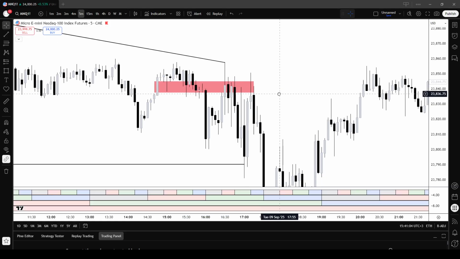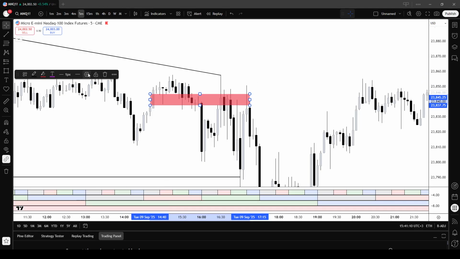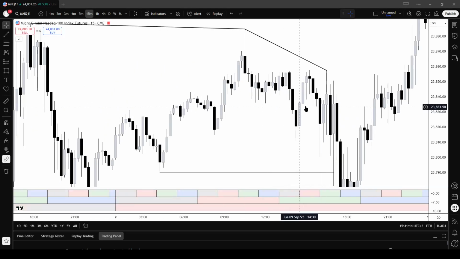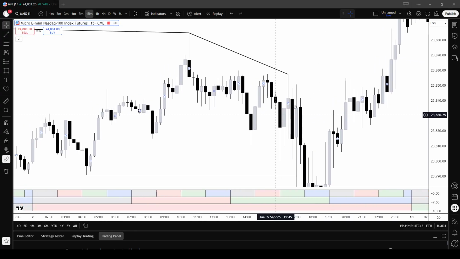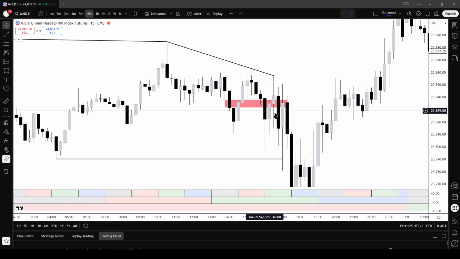We had this gap, but I didn't trust it because it was already invalidated, so I looked for others. I usually use 50-minute gaps or 5-minute, it depends on the trade. I took this one.